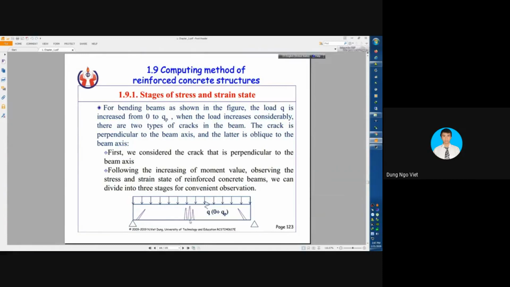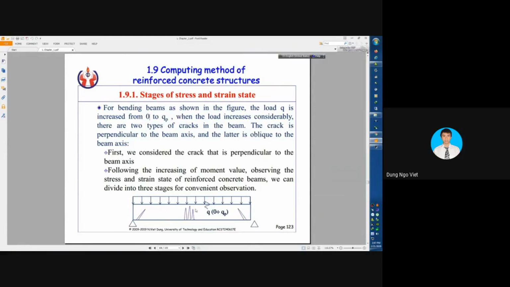It's perpendicular, that means it has an angle of 90 degrees to the beam axis. And the latter is oblique to the beam axis. This is the second type of crack.